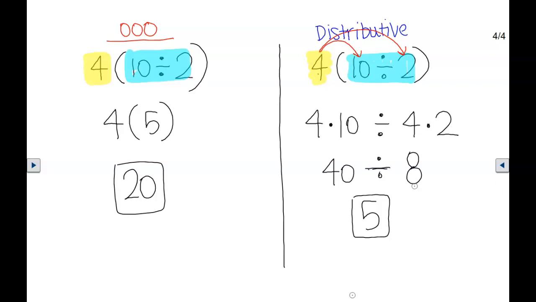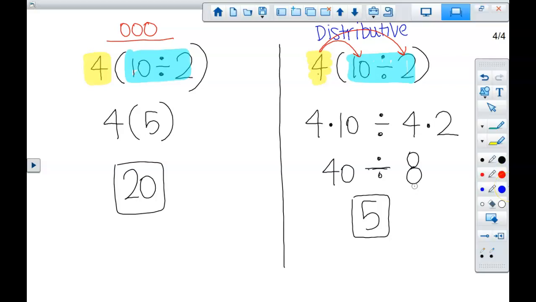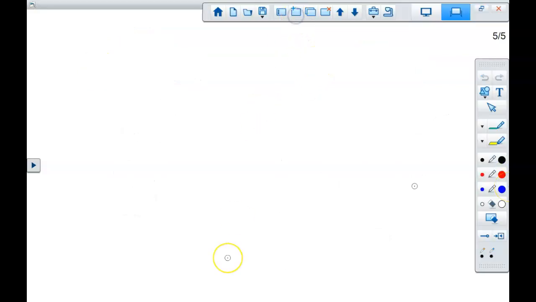All right, so let's summarize what we've learned here. We have seen two types of problems where distributive property will work.